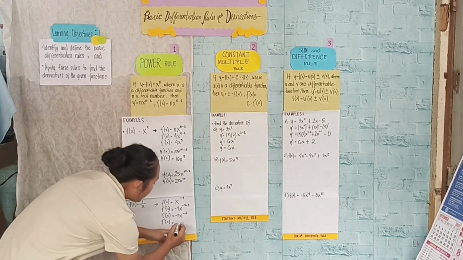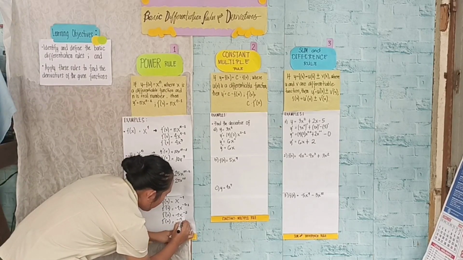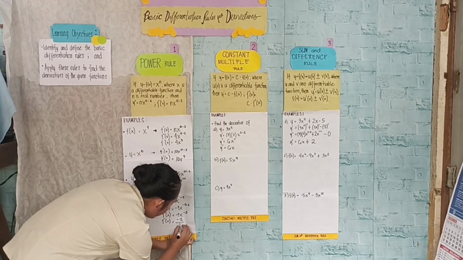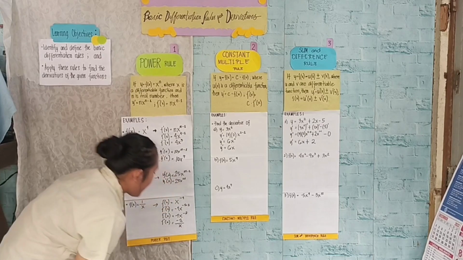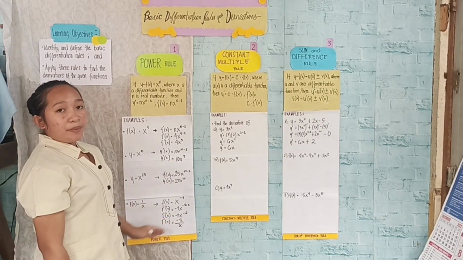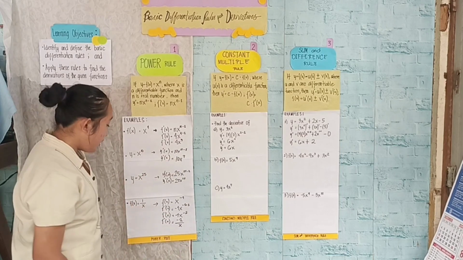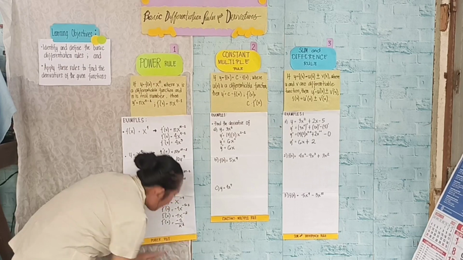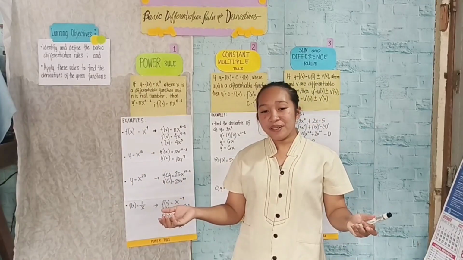Negative 1 will remain as the numerator, while x is here at the denominator side, and the negative 2, which is the exponent, will change its sign. It will become positive. So, are you still there?